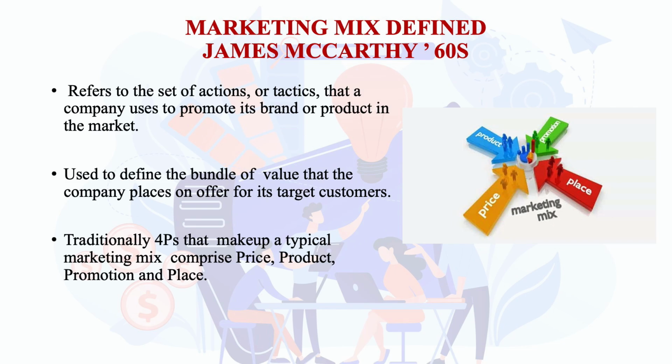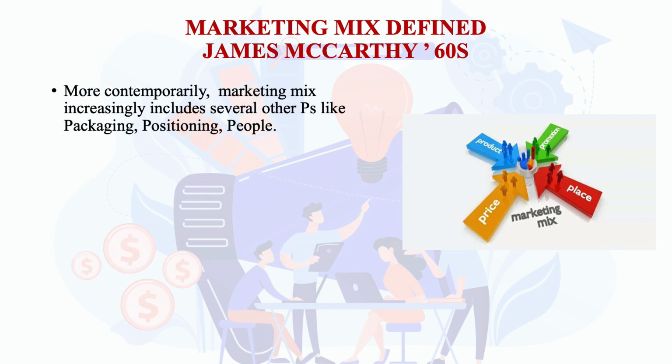We will be defining each of these as we go along. However, more contemporarily, the marketing mix has been expanded to include several other P's like packaging, positioning, people, and so on. Depending upon the context, if you're talking in the context of services, we actually talk about 7 P's, but as we go along, we'll talk about some of these.